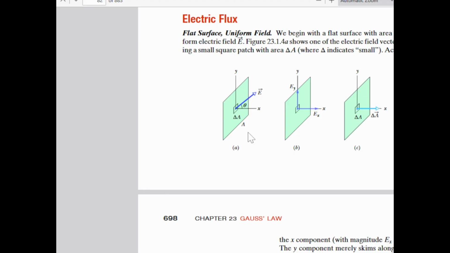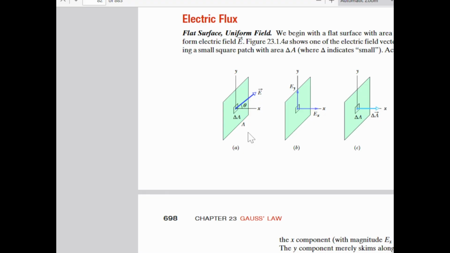The area of the surface element is delta A, which is meant to be a vector. The magnitude of that vector is just the area of the surface element. The direction of that vector is perpendicular to that surface element. Therefore, in part A, the direction of the surface element delta A will be pointing in the x direction.